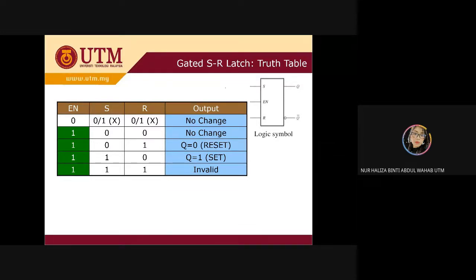Here we have S and R: 0, 0, 0, 1, 1, 0, 1, 1. And whatever the condition, when you have EN as 0, as I already mentioned, there is no change at all for your output because it's as if it is turned off. It's going to be turned on only when your input EN is 1.